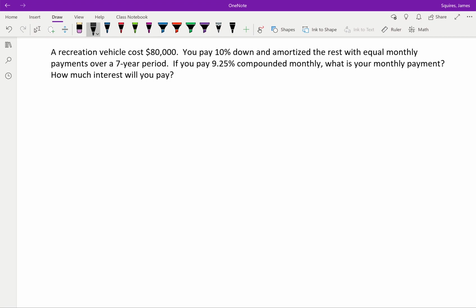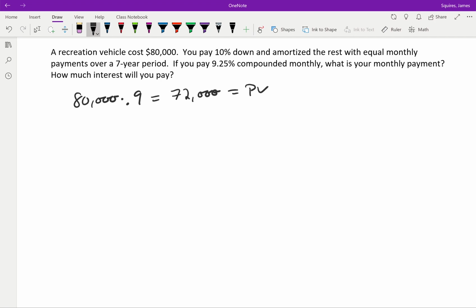First, let's figure out what our loan will be for. If the RV costs 80 grand, and we paid 10% down, that means we need a loan for the remaining 90%. So 80 grand times 0.9 equals 72,000, which equals our present value.